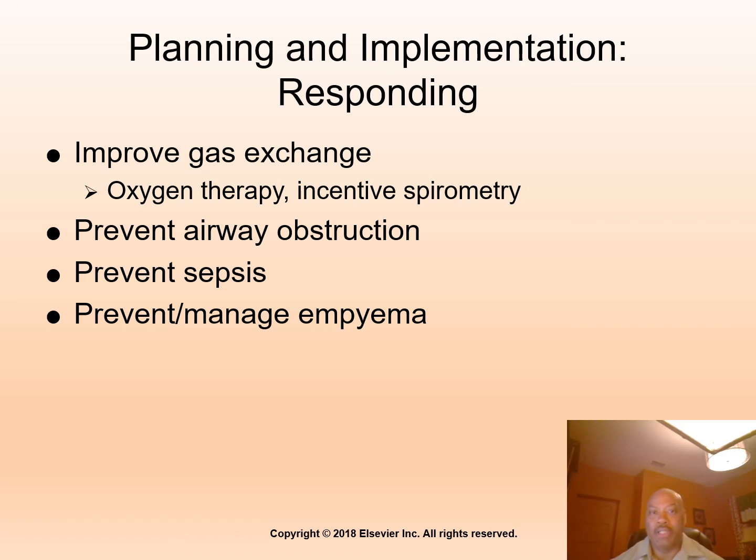To improve gas exchange, we want to administer oxygen with nasal cannula or mask, whatever's appropriate, and assist these patients with bronchial hygiene. An incentive spirometer can improve inspiratory muscle action, and it prevents or reverses atelectasis and alveolar collapse.